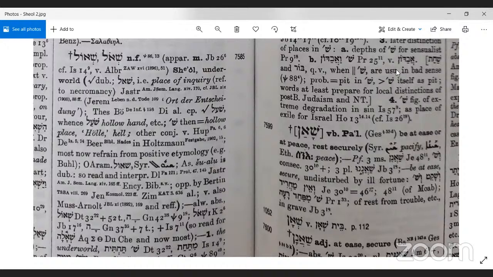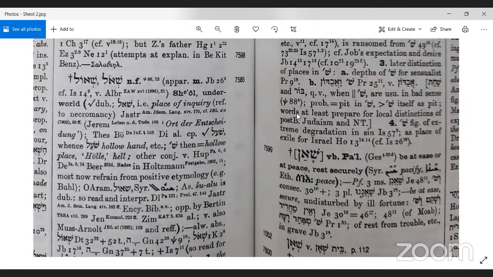So this may be the origin of where all of this is coming from, Judaism, in the New Testament. Of extreme degradation and sin as place of exile for Israel. That's in Hosea. So I think that tells us this stuff is coming after Babylonian captivity from Judaism. Judaism is not us. That's a religion, not a bloodline, a religion.